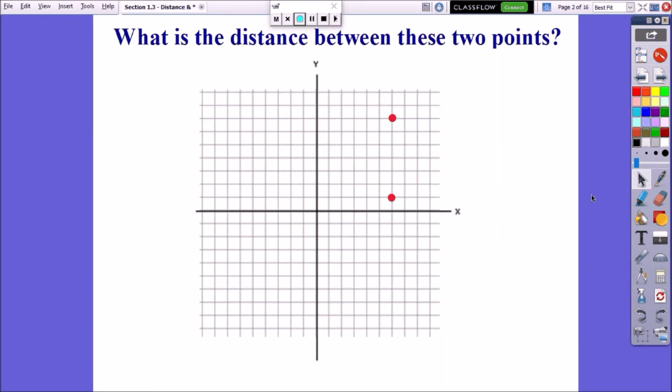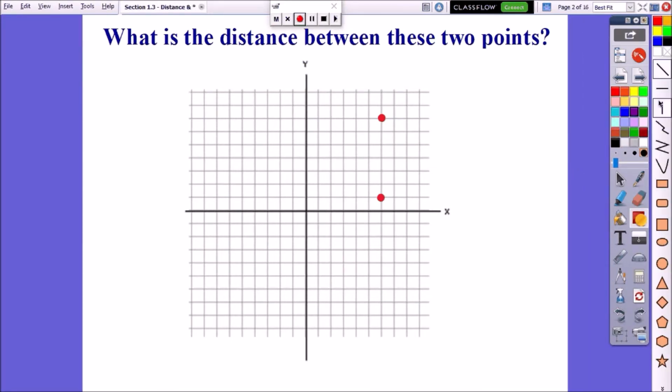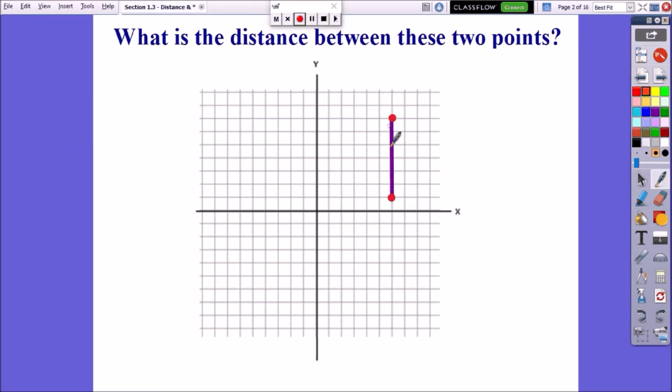So if I asked you, what do you believe is the distance between these 2 points? Some of you might be questioning me and going, well, isn't that kind of an obvious answer? I mean, we could make a segment, right? And want to know, well, how long is that segment? That would really be the same as the distance between those 2 points.